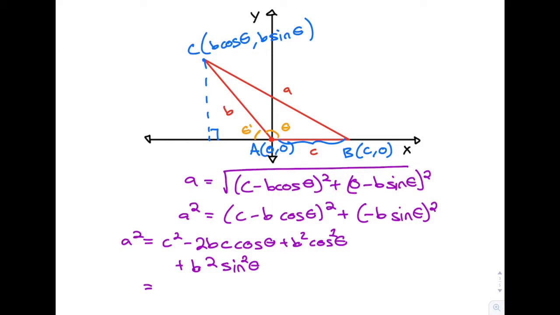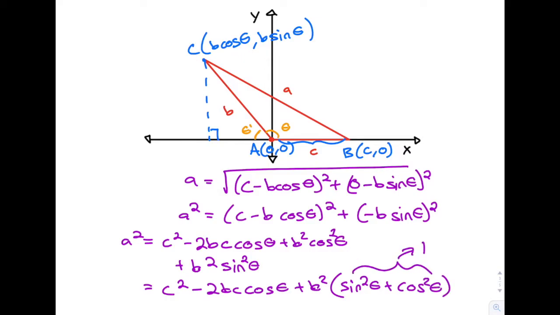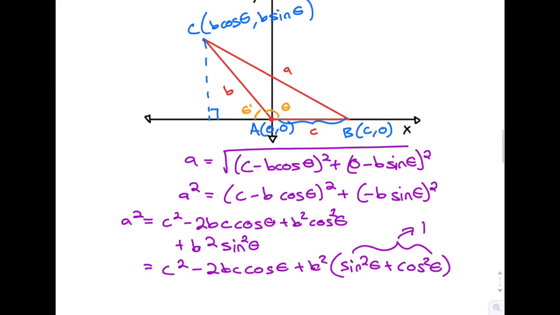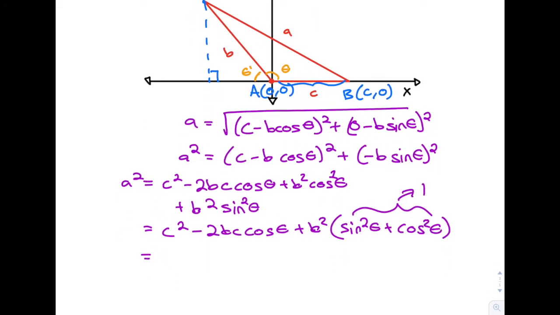Fortunately for us, if we factor out a b squared from the b squared cosine squared theta plus b squared sine squared theta, we know that sine squared theta plus cosine squared theta is just 1. So we can substitute 1 in there. And we are left with b squared plus c squared minus 2bc cosine theta.